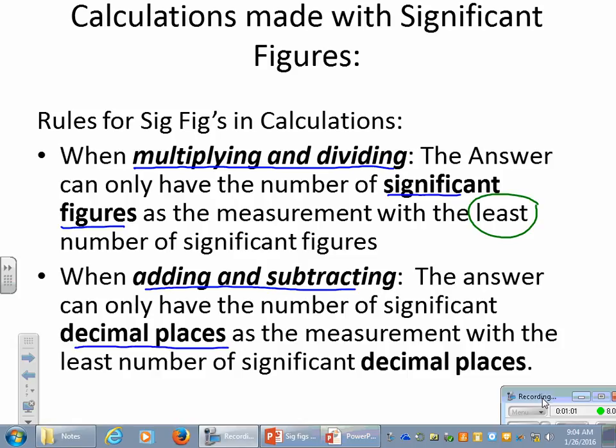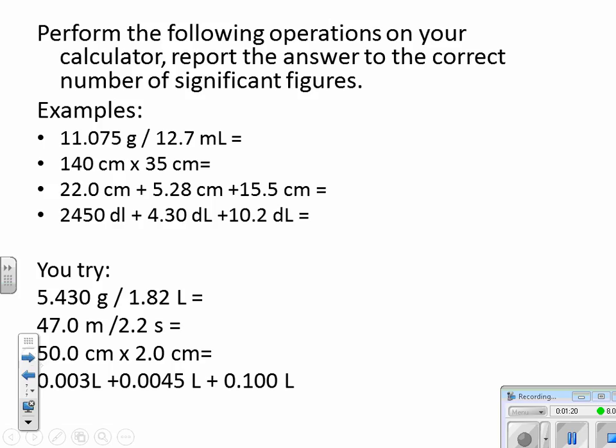So we have to use the number that either has the least number of significant digits or the least number of decimal places to determine how many decimal places or significant digits our answer is going to have. So let's do a few together.